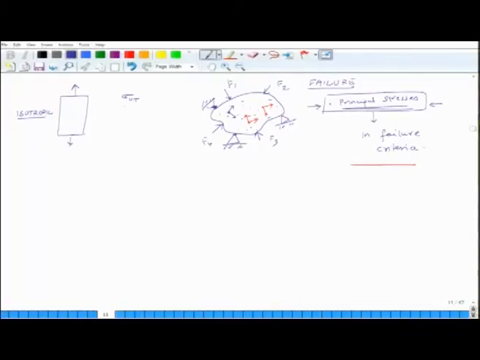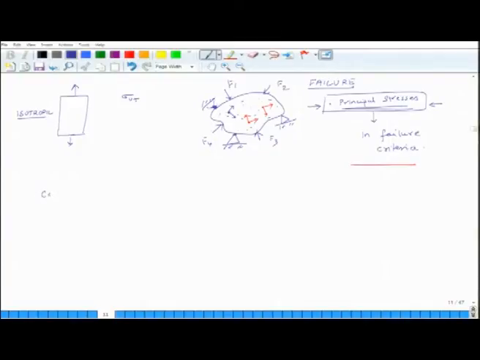Typically we have 5 or 6 important parameters which we use to characterize the failure of a single unidirectional composite. So, unlike isotropic materials which have the same strength in all directions, composite materials have different strengths in different directions.